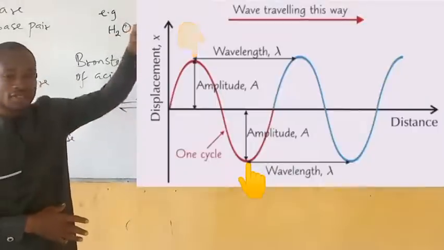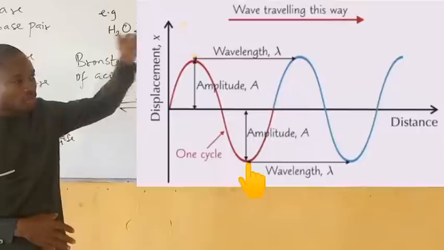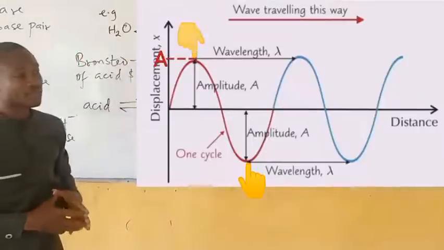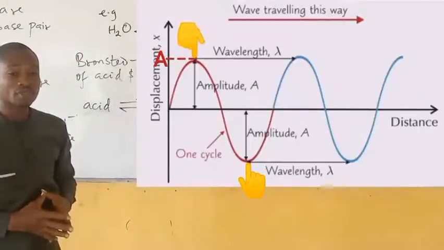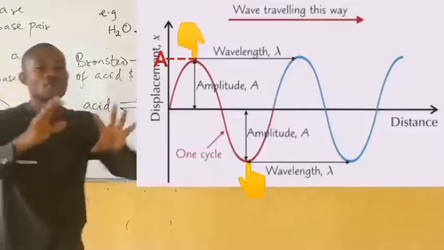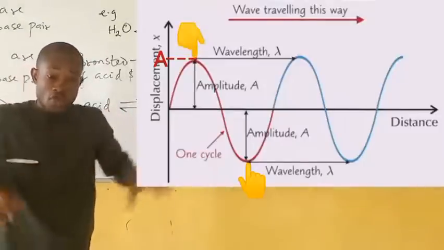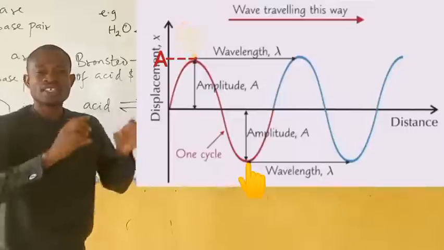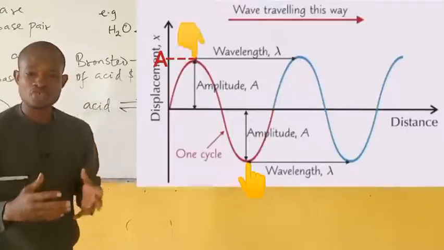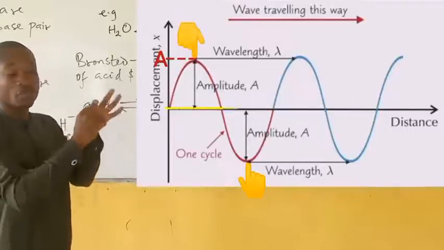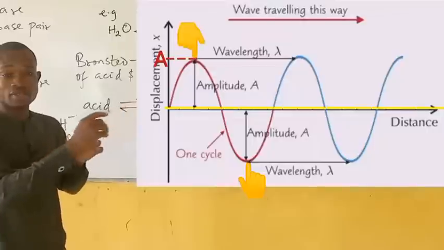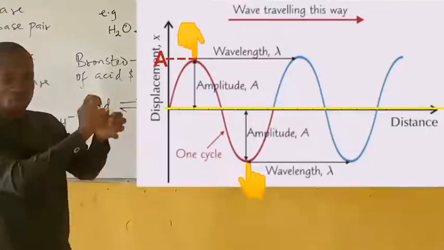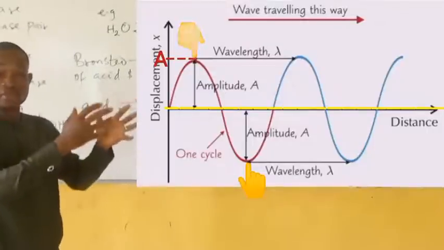The highest point, that peak, traced to the vertical axis, is what we call the amplitude. Now, the wave initially, from its source, where the wave is being generated, is considered to be at rest, the mean position, the rest position, which of course is represented by the horizontal axis. You know, your vertical and your horizontal, so you have where the vertical and the horizontal meet.